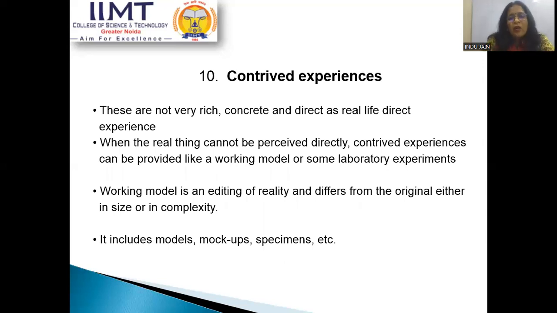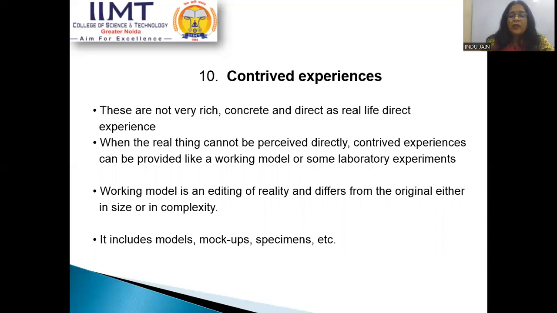Next one is contrived experiences. Contrived experiences are very close to the direct experiences. These are not as rich, concrete, and direct as real life direct experiences, but they are very close to them.